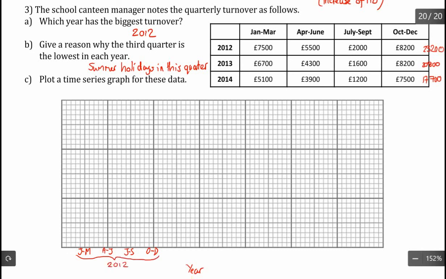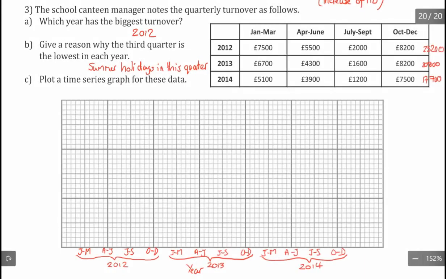So that's one way we could do that, and then we're going to carry on straight away from that, and we're going to have January to March, April to June, July to September, October to December, and that's 2013. And the same again. Okay, so there's our horizontal axis.